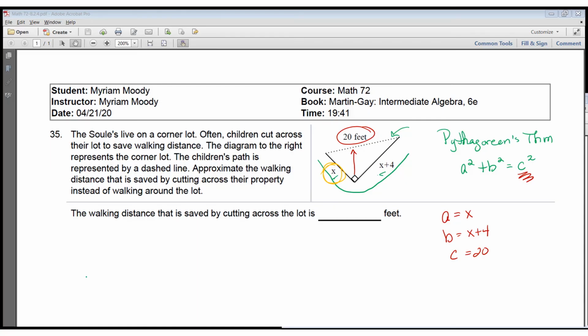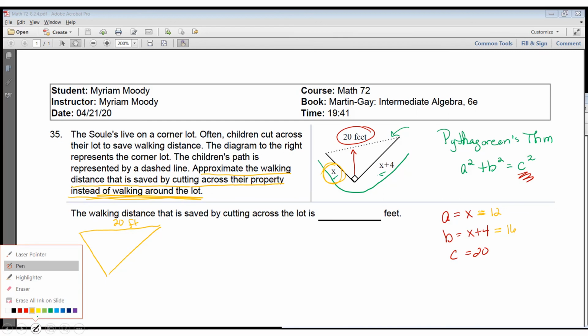So if x is equal to 12, that means this other side is going to be 16, isn't it? All right, so remember what they said, right? Remember the question they're asking. Approximate the walking distance that is saved by cutting across the property instead of walking around the property. So if we redraw this picture, this is 20 feet, right?